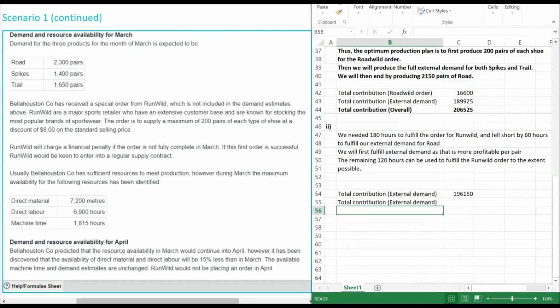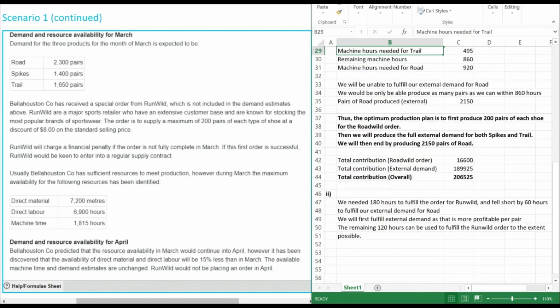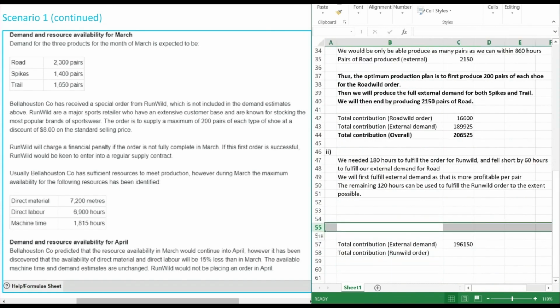So the total contribution for the Runwild order, I think let's show the calculation as well, even though it's just for 4 marks, we don't need to go into that much detail. It'll be very similar to what we've done here. Let's just add some more cells.